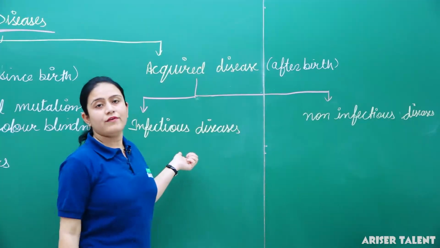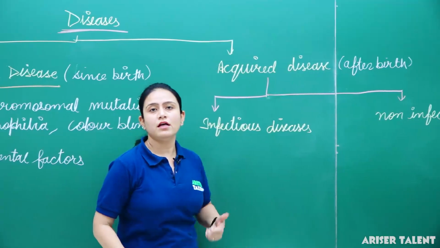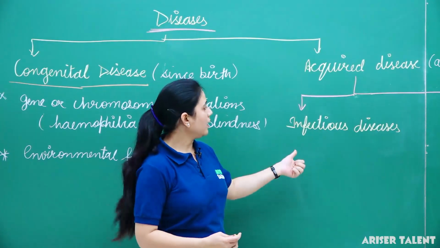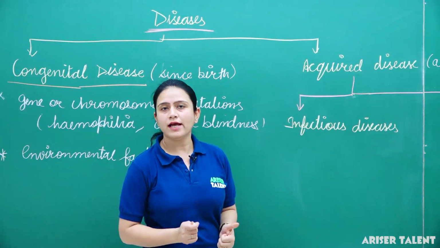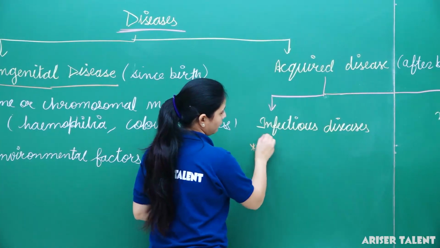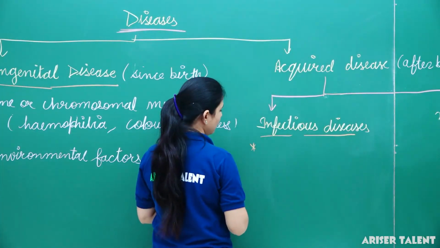If we talk about infectious diseases, these are the communicable diseases. They spread from one person to another and they occur by the external environment.